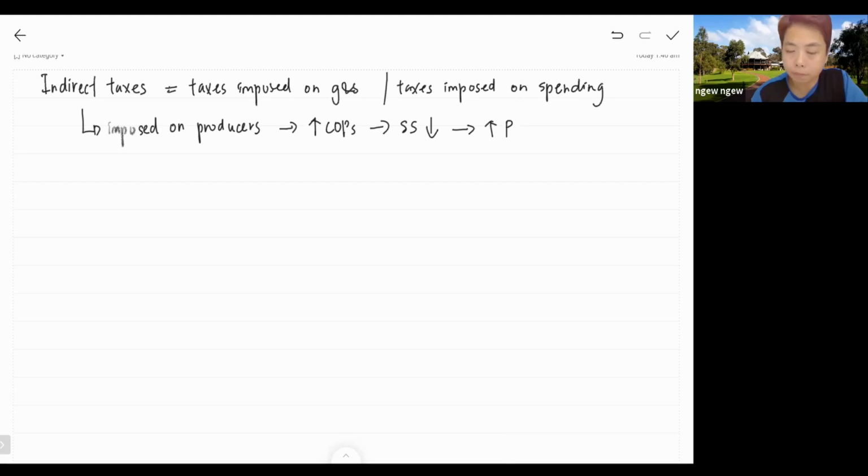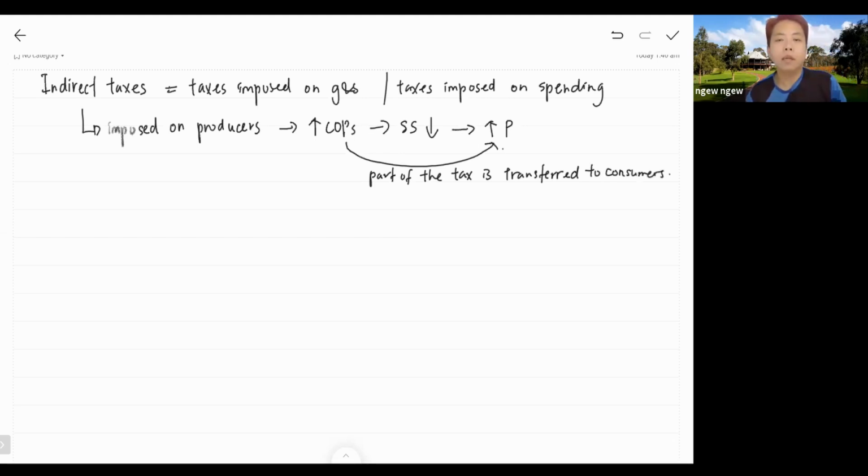From this process of rising prices, part of the tax is transferred to the consumer. Therefore, the indirect taxes imposed by the government will usually be shared among consumers and producers. All right, so this is the first part.